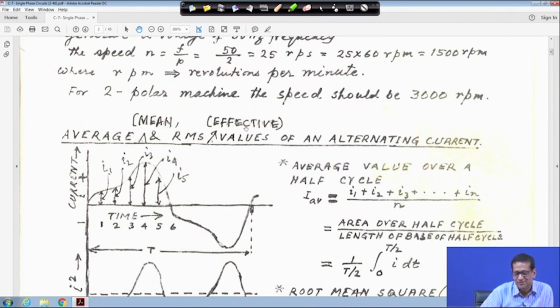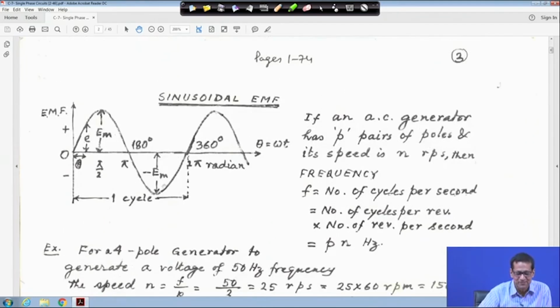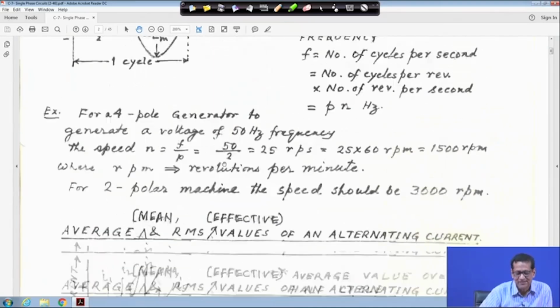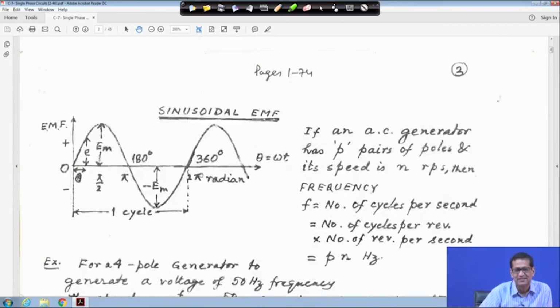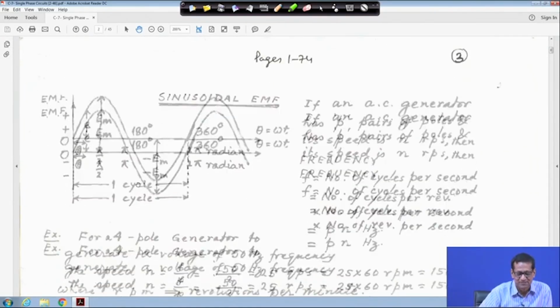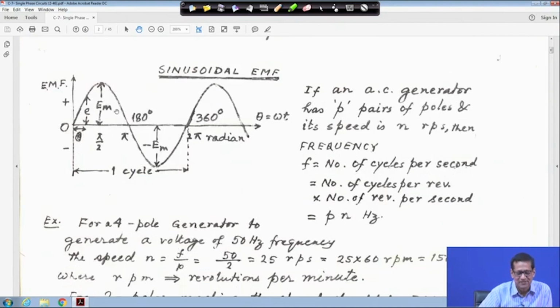We call it the mean value, and the RMS value, or effective value, of an alternating current, because it is moving plus and minus, so it is alternating current. And it is symmetrical, sin omega t is a symmetrical waveform. If you look at the plus side and the minus side, the area is the same with the same time interval.